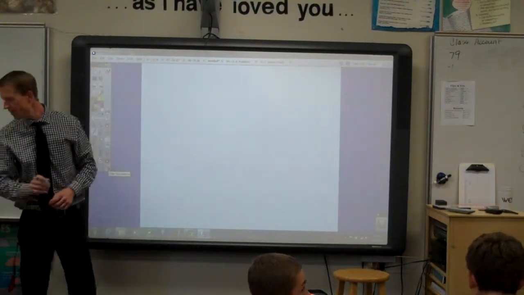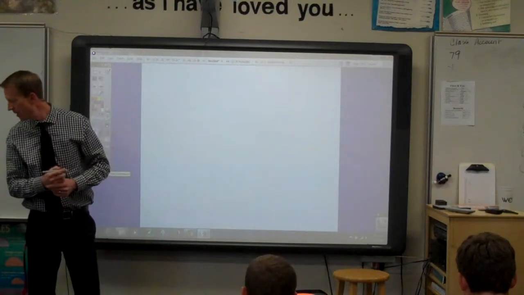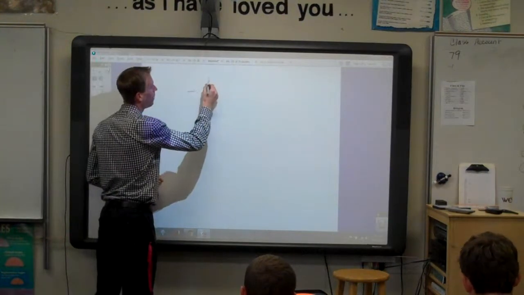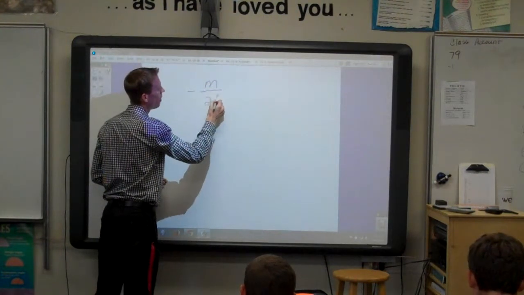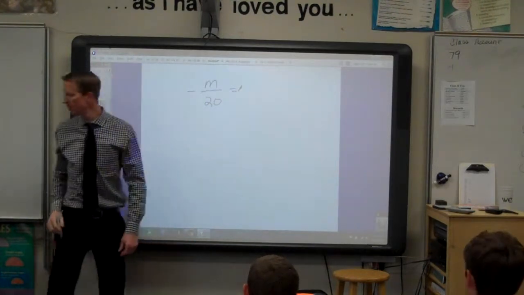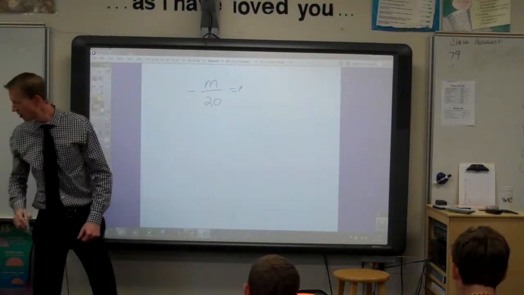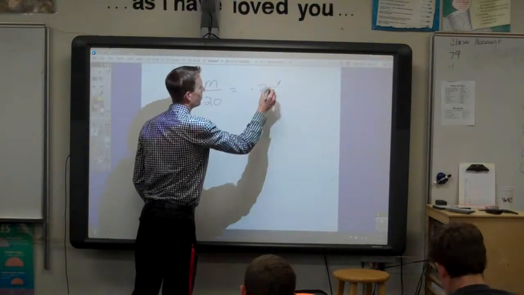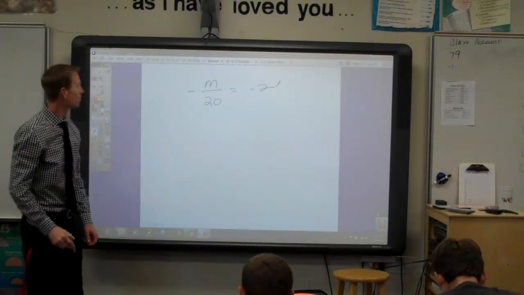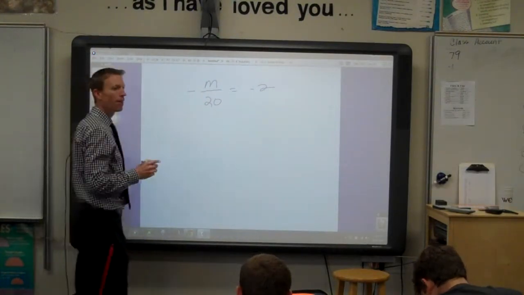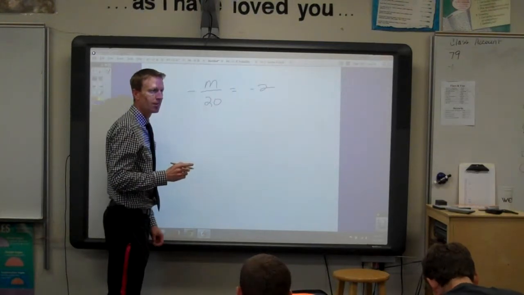Number 27. Negative m over 20 equals negative 2. Identify the coefficient.